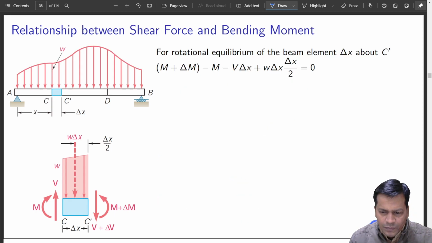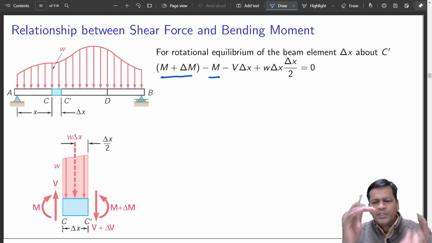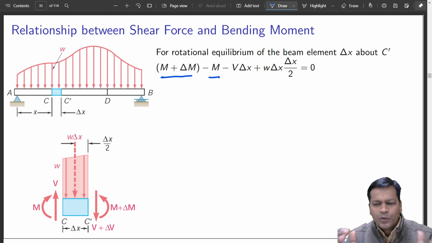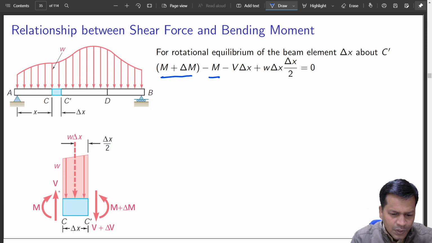Okay. Moving ahead, another similar thing, if you talk about the same thing in terms of moment, what is it? Left side moment, right side moment. The difference between those two moments should only be generated due to the vertical forces and due to the load that acts in between this.